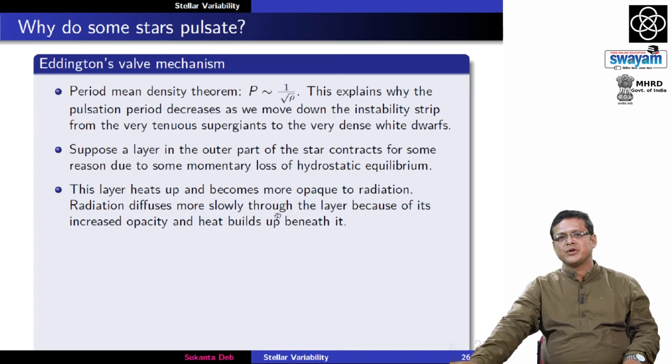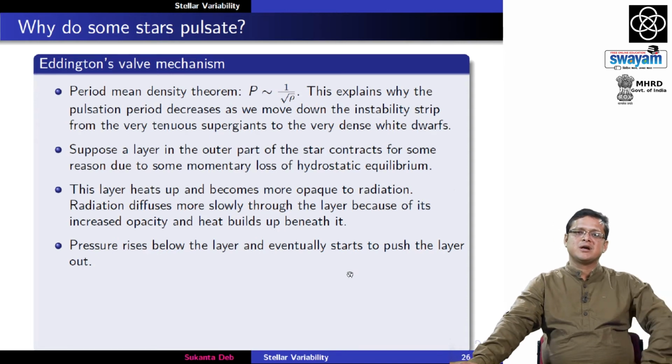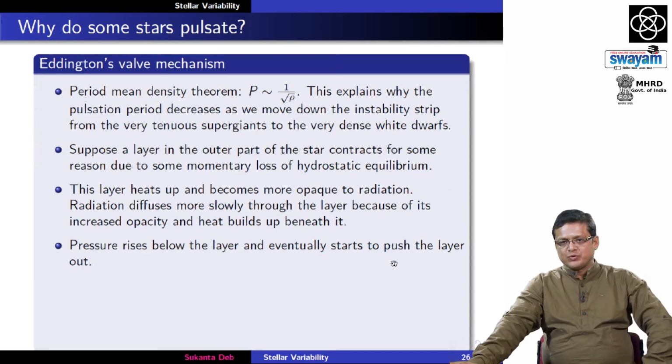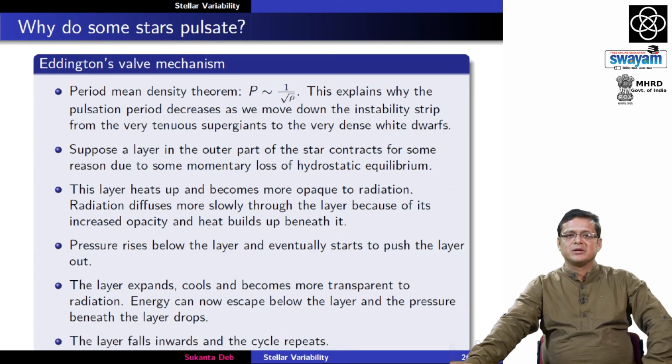Radiation diffuses more slowly through the layer because of its increased opacity, and heat builds up beneath it. Pressure rises below the layer and eventually starts to push the layer out. The layer expands, cools, and becomes more transparent to radiation. Energy can now escape below the layer, and the pressure beneath the layer drops. The layer falls inwards and the cycle repeats.